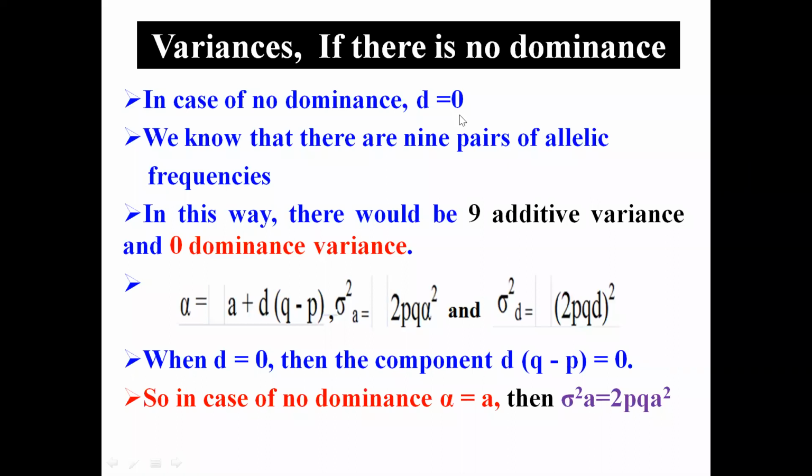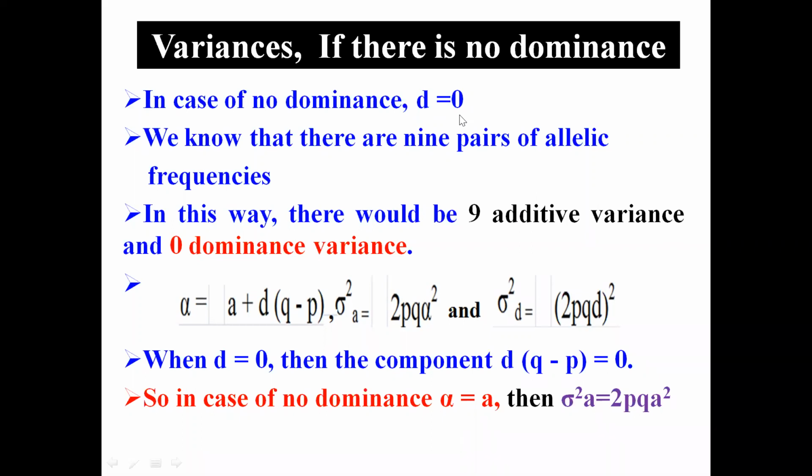When d is equal to 0, in the formula of average effect of gene substitution, that is alpha is equal to a plus d (q minus p), if we put d is equal to 0, this whole component d (q minus p) will be 0.